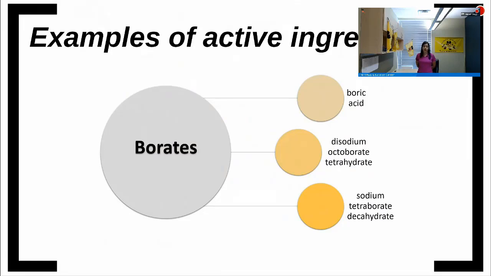The nymphs of the cockroaches. So the nymphs will also get intoxicated. They're going to get contaminated by the pesticide and die. So throughout time, let's say 2 weeks, a month and a half, we're going to see the reduction or even elimination of the population of cockroaches in the customer's property. Just a minor reminder that borates are salts, so they can be toxic to plants. So attention there, and be careful not to treat plants with borates.